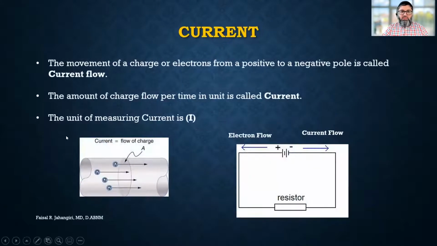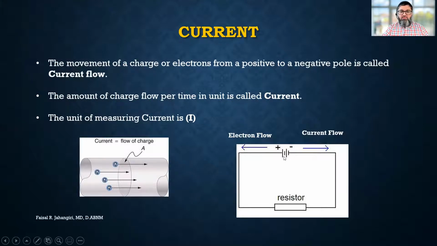Let's talk about current. The movement of charge or electrons from a positive to a negative pole is called current flow. The electrons flow from the positive pole to the negative pole, and that results in current flowing from the negative to the positive pole.